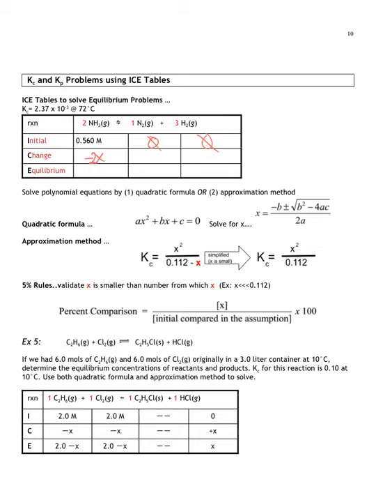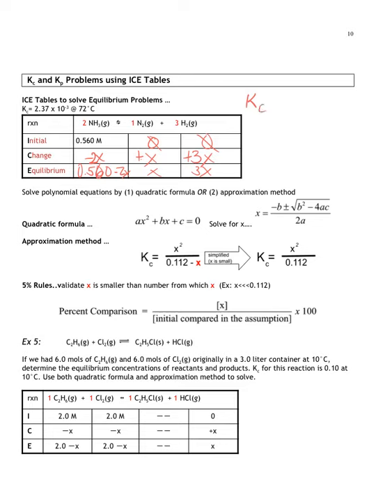So every 2 moles of the ammonia, so you're losing twice as much to form X and then 3X here. So this is the plus. You're forming your products and then at equilibrium, it's just adding up these sections here. X and 3X. And the expression as we know it is Kc.